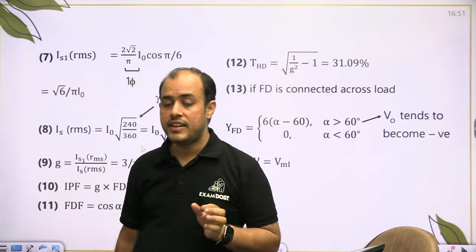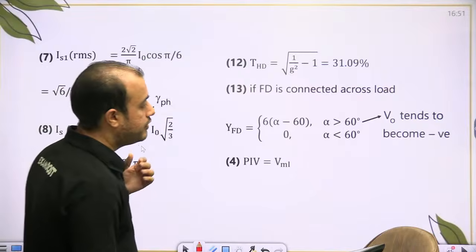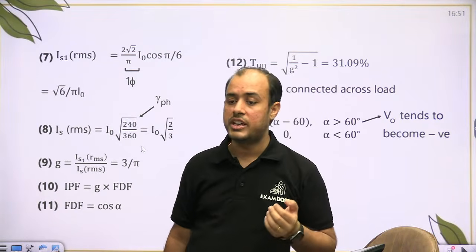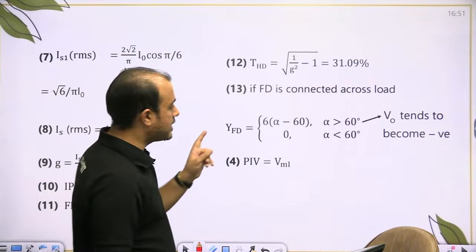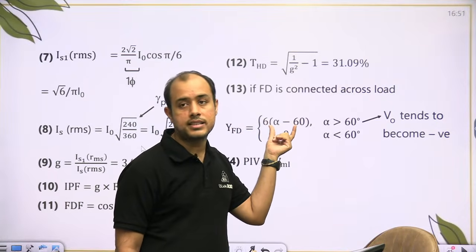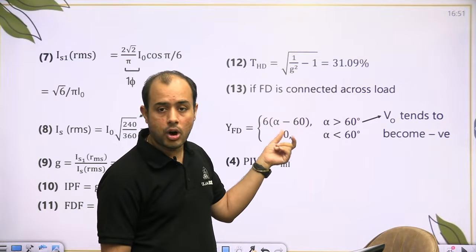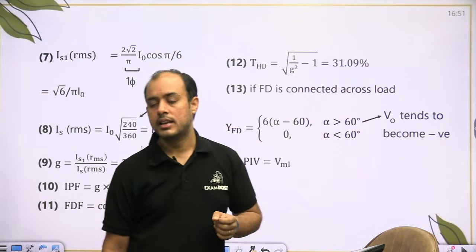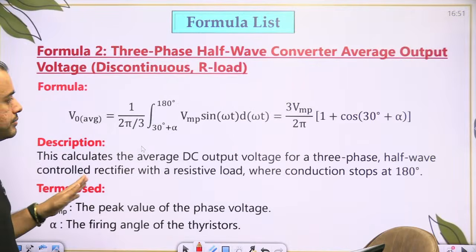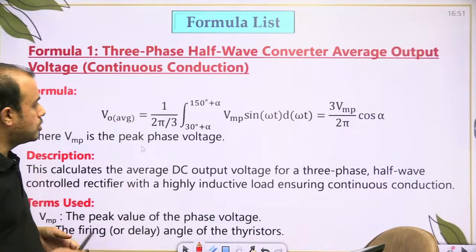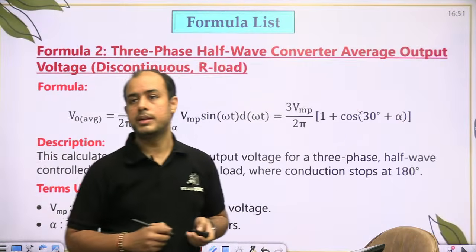If you connect a freewheeling diode across the load, it can only conduct if V naught becomes negative, which happens if alpha goes beyond 60. Only if alpha goes above 60 does V naught become negative. So it will conduct for the duration alpha is above 60. It will conduct for as many degrees as alpha has gone above 60, because there are 6 pulses, so 6 times. PIV is VML. So this is the complete formula list for you. For a half wave controlled converter it will be 3 VML by 2 pi, okay, not VM.